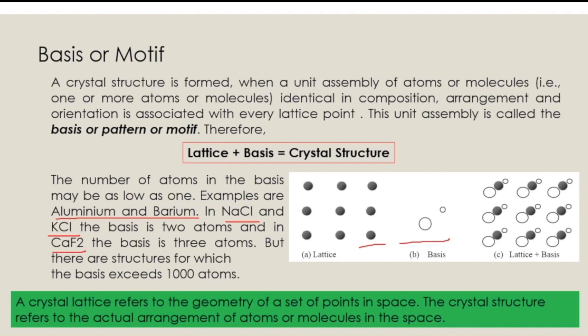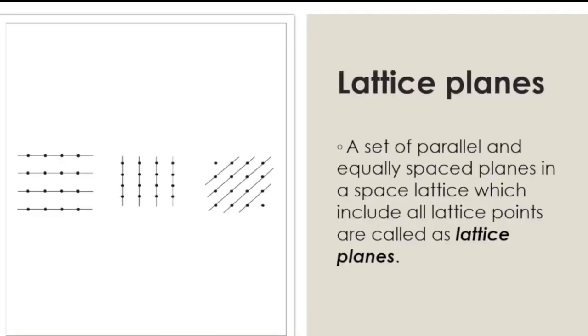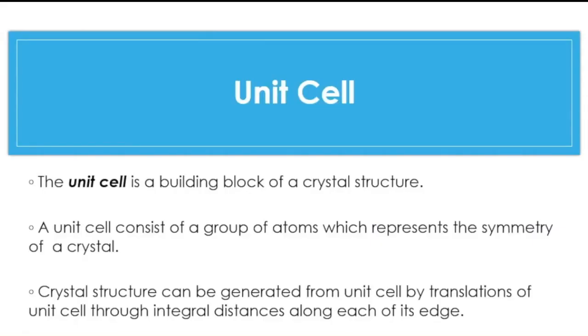So what are lattice planes? A set of parallel equally spaced planes in a space lattice which include all lattice points are called lattice planes. So in a single crystal there can be different lattice planes, which can have different orientations with each other. Now coming to the unit cell, as you can understand from the name, it is the most basic structure of a crystal.